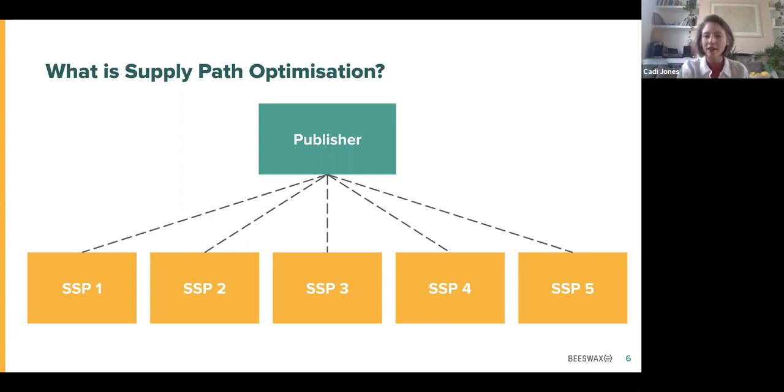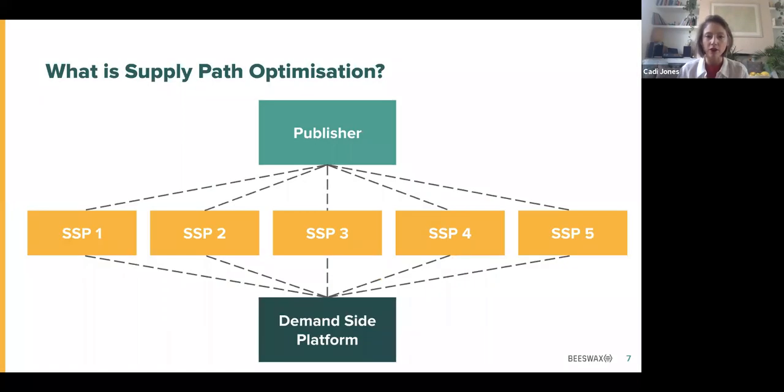So in this scenario, imagine a user goes to the publisher's website, and the publisher is working with these 5 SSPs. For that single impression, that single ad on that publisher's website, each of those SSPs then sends out a bid request to each DSP.